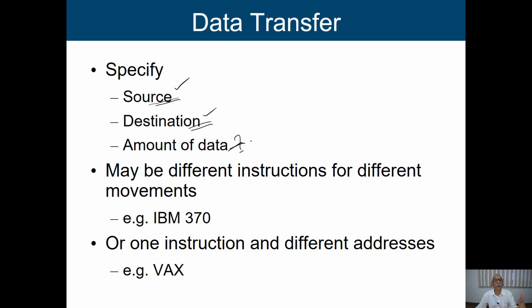Now how are we going to design it? It depends on the processor; it may vary from processor to processor. So one way you can do is a different instruction for different movement. So what are the different movements basically? One, you can say that we have processor and memory.